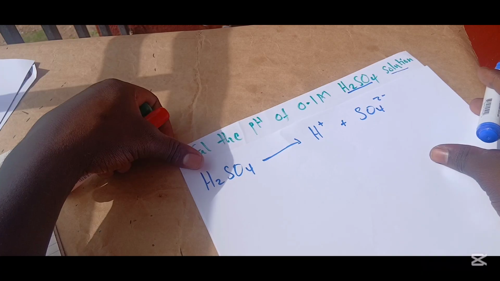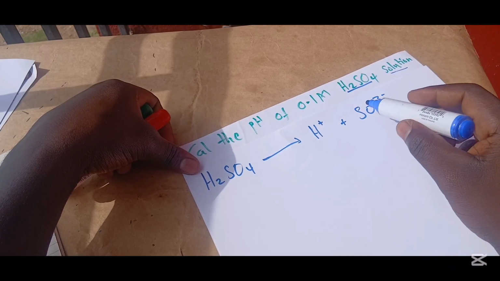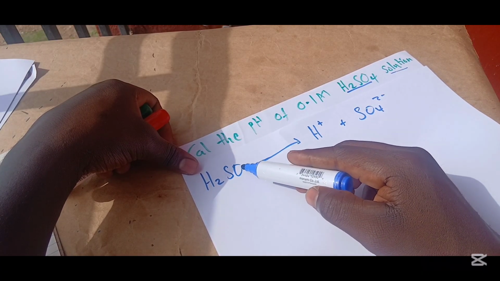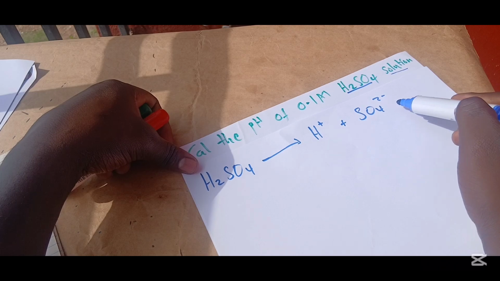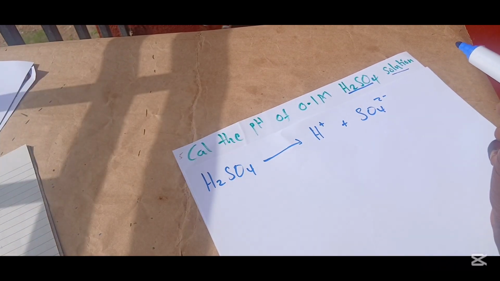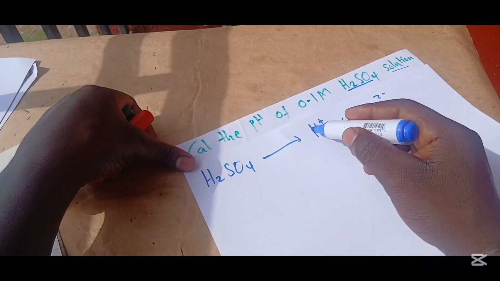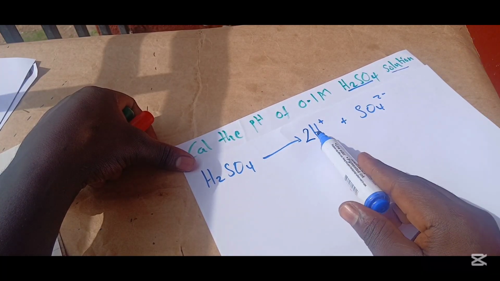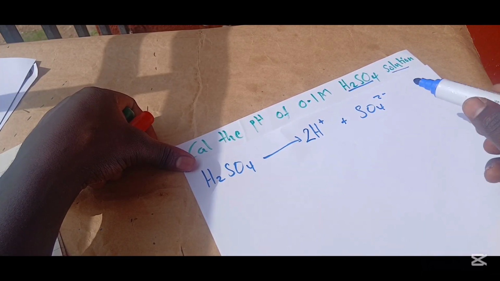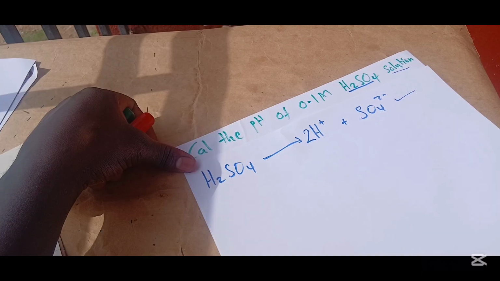Let's see whether the equation is balanced. We have one S here, 4 oxygen here and 4 oxygen there. Then we have one hydrogen here and 2 hydrogens in the acid, so we just have to add 2 here. So 2 hydrogens there, 2 hydrogens here. The equation is now balanced.